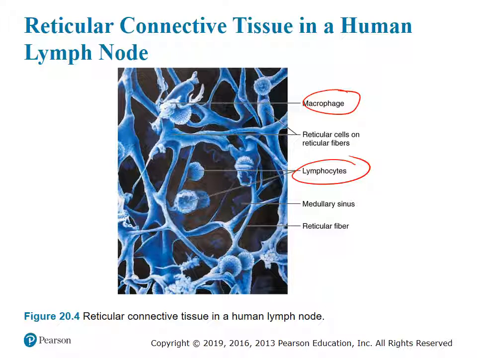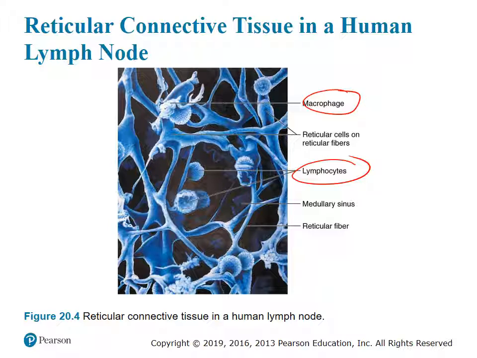And you can see how they're posting up or actually placed on the reticular fibers, which is kind of like scaffolding, looks like a mesh, right? That's the reticular fibers produced by the reticular cells. And you can see how the lymphocytes and the macrophages are kind of attached to the fibers. That's their way to kind of perch right there.